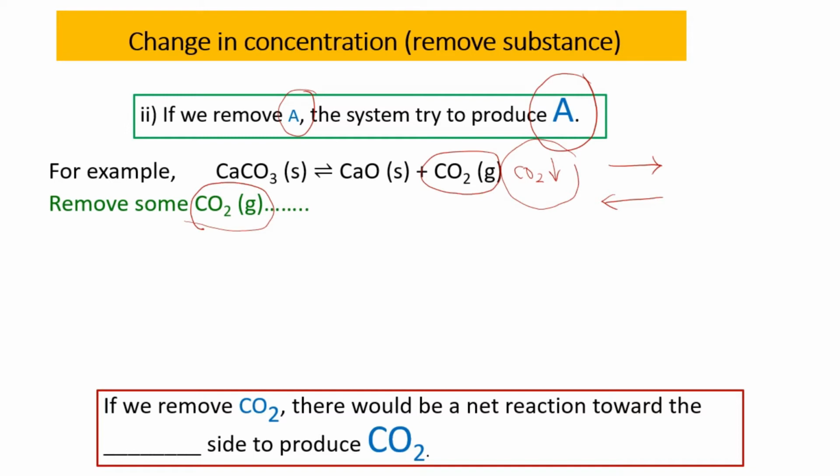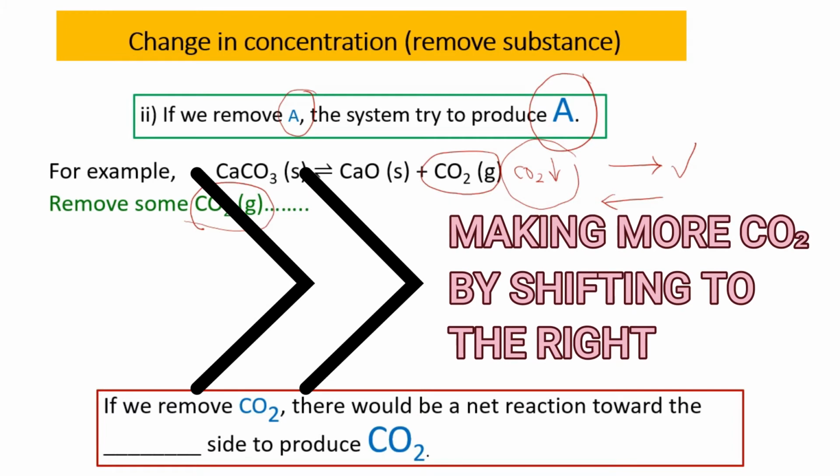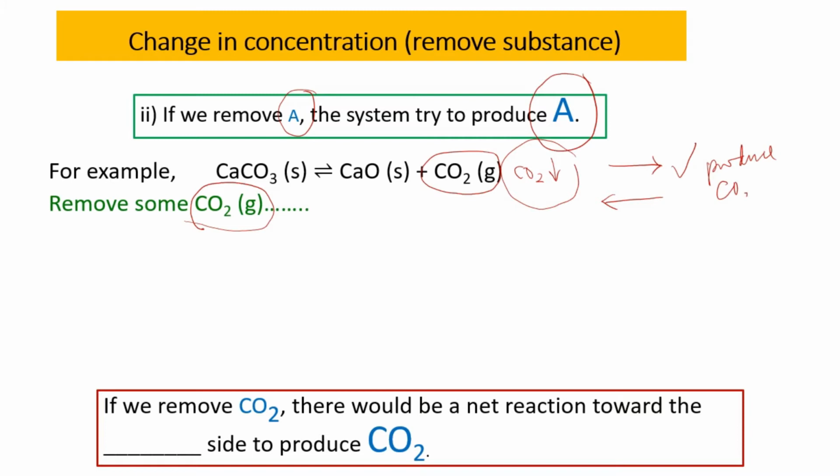The answer is shifting to the right, because when you shift to the right, you will produce more carbon dioxide. So the system will come back to a new equilibrium, shifting to the right side to produce carbon dioxide.